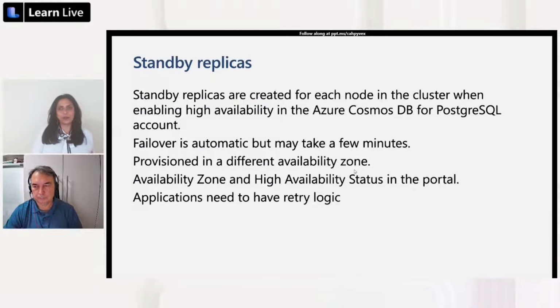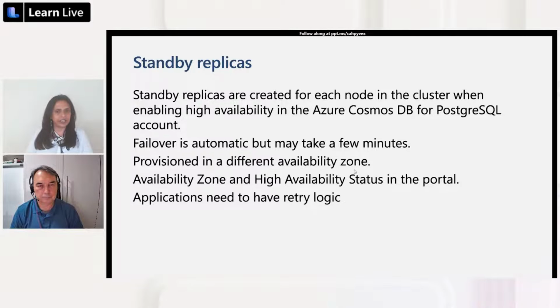And that's where your application should be able to connect or reconnect and have a retry logic. So if it gets a failure, it should retry and see. And then once it comes up, it will be able to connect to it. You don't need to change any connection strings. You don't need to do anything. All you need to be worried about is, do I have retry logic? In case it fails, what should I do?